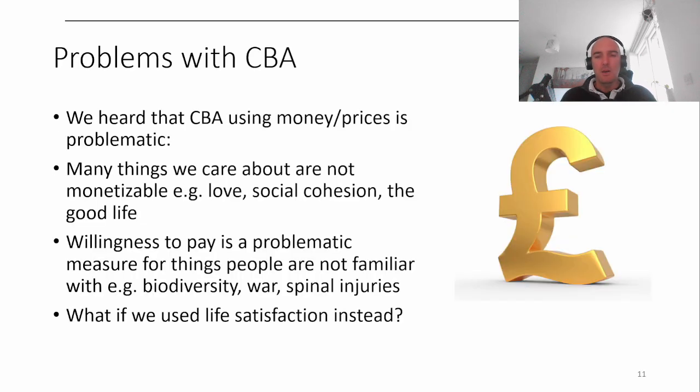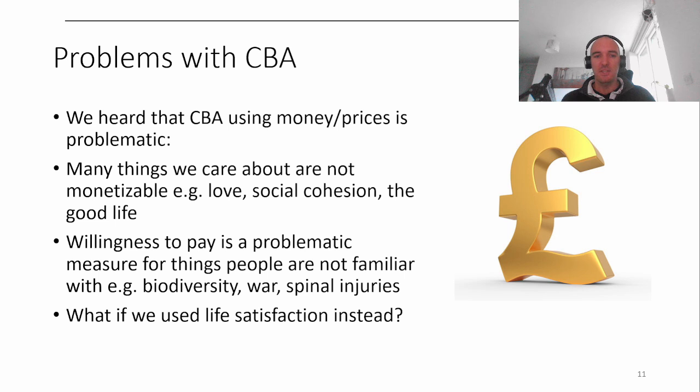All right. Why would we use this WELLBY method? Well, we heard in the lecture that cost-benefit analysis, as is currently done using money and prices, has a lot of problems. One of the main ones is that many of the things we care about are not monetizable. So things like whether we have love in our lives and how valuable love is to us, social cohesion, the good life, so whether life is going well, this sort of thing.